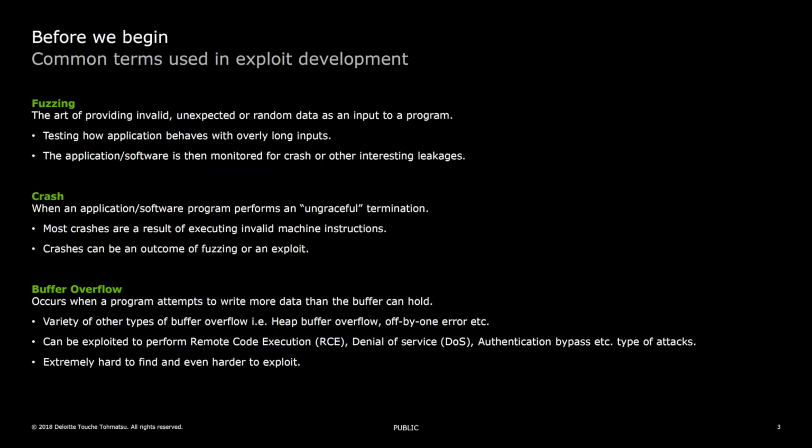All right, so before we begin, a few common terms that we'll be using in today's presentation and in general. So fuzzing is an art of providing invalid or unexpected or random data as an input to a field.